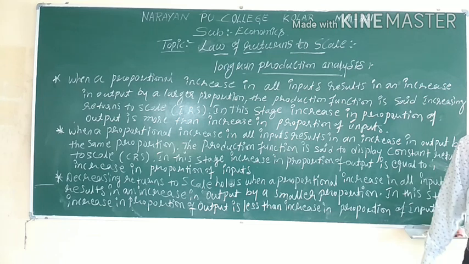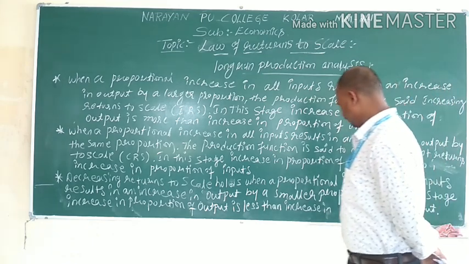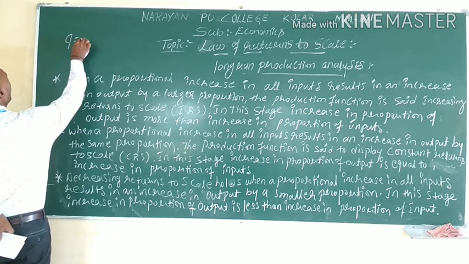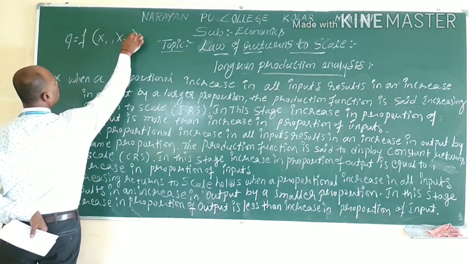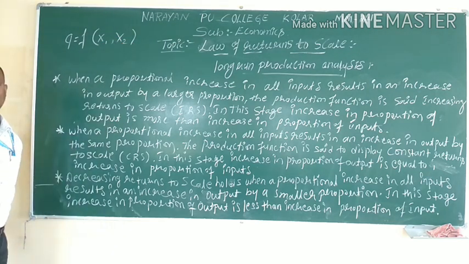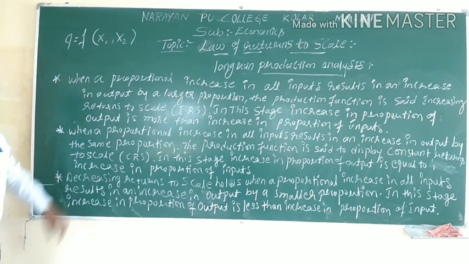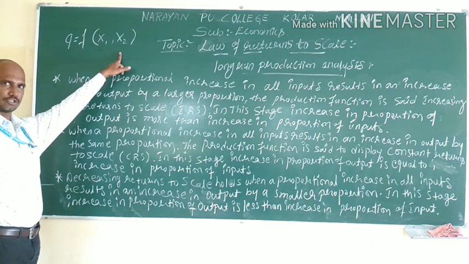Three stages of the law of returns to scale, along with the table and the diagram and explanation. It can also be represented in the form of a formula: Q = f(x1, x2), where Q is the quantity of goods and services, and f stands for function of factor x1 and factor x2.